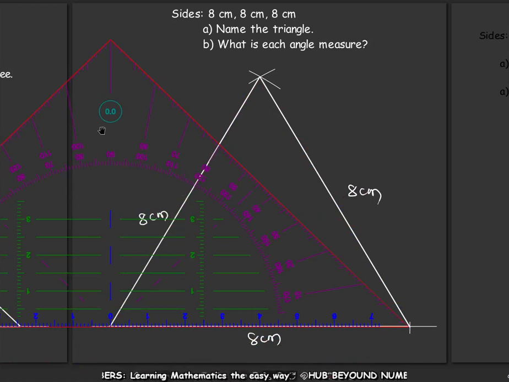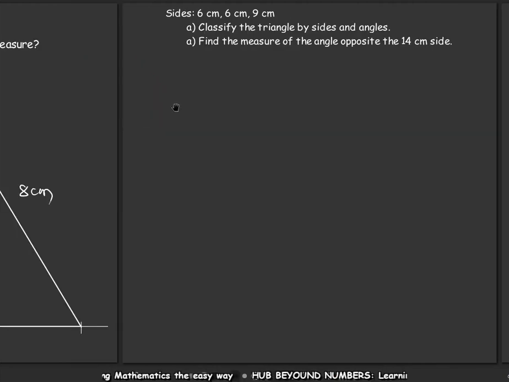That is it. Now let's do one last construction and then I will give out some exercises for your own trial. For this last question, we have to construct a triangle with sides 6 centimeters, 9 centimeters, and 6 centimeters. So I'll go very fast because I do hope you understand based on all that we have done so far. So I'll first of all draw my straight line over here.